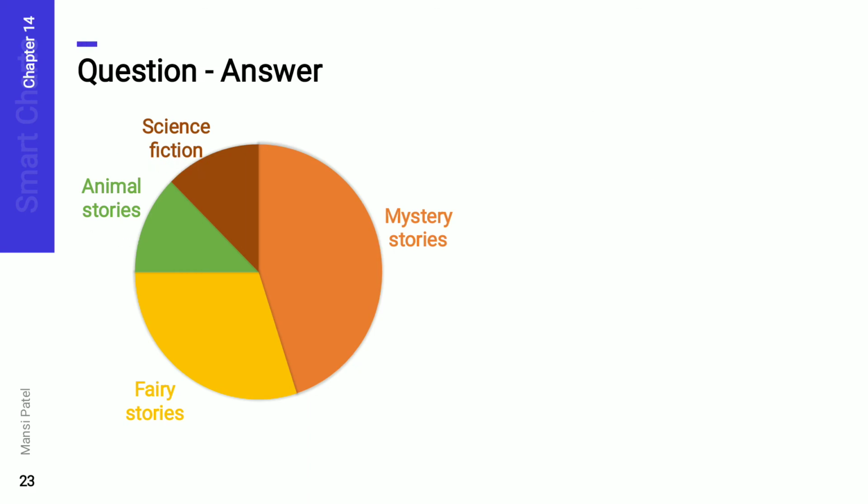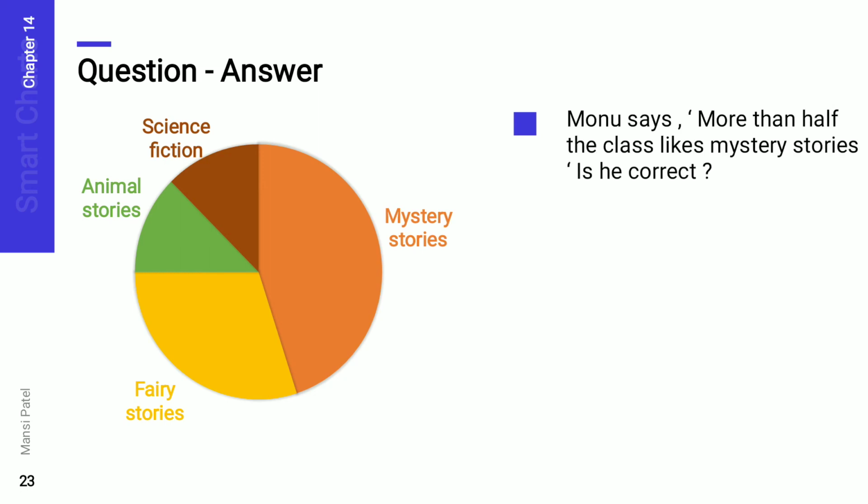Now the third question is, Monu says more than half of the class like mystery stories. Is he correct? Yes, see, if it were half, then mystery stories would occupy this much part. But here it does not occupy this much part.